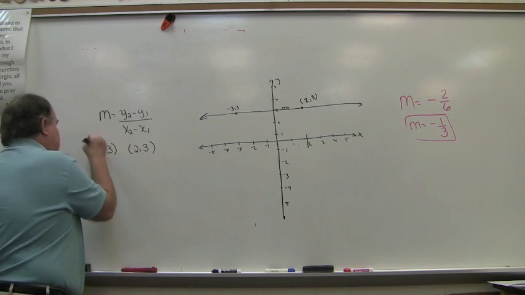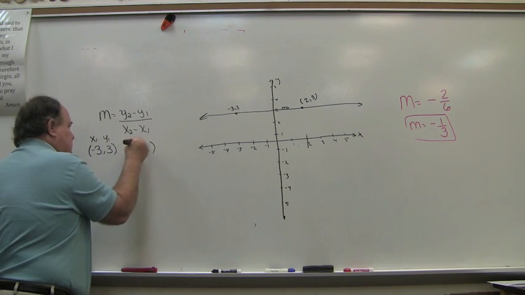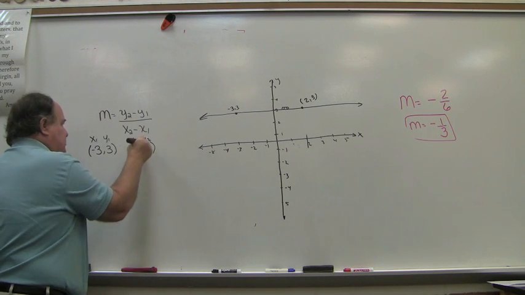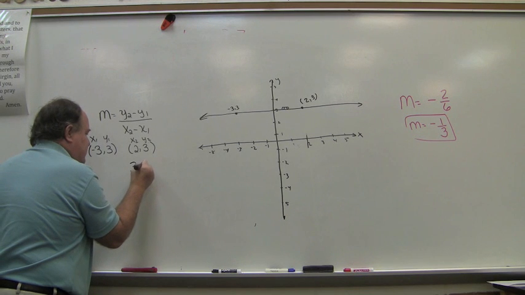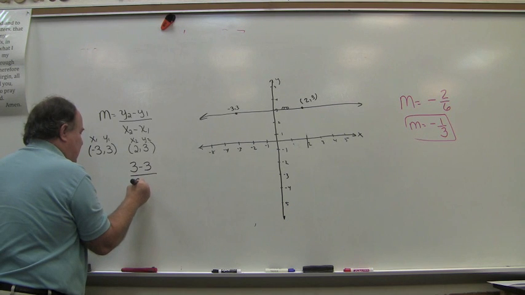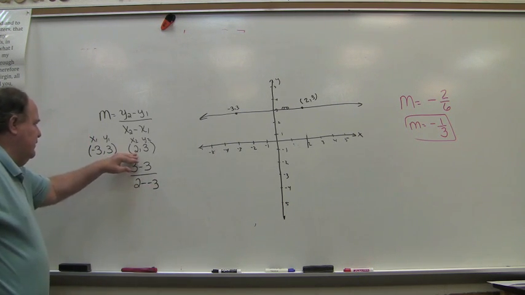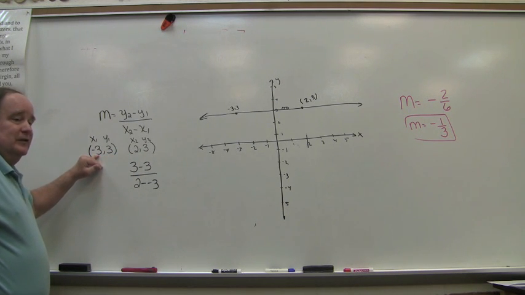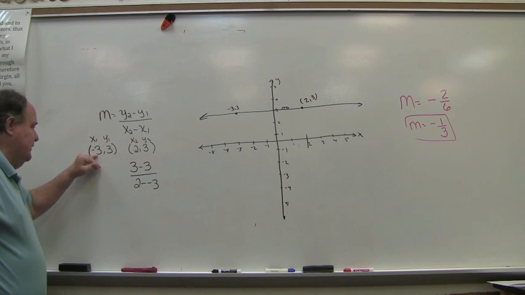By now, you should know that this is x1 and y1, and this is x2 and y2. We subtract y2 minus y1, so I'm going to have 3 minus 3 over 2 minus a negative 3. Why is that minus 3? Because I have a positive 2 here, and the other is negative 3, but I still have to subtract it. Just because it has a negative number doesn't mean you can forget about the subtraction. So it's going to be 2 minus a negative 3.